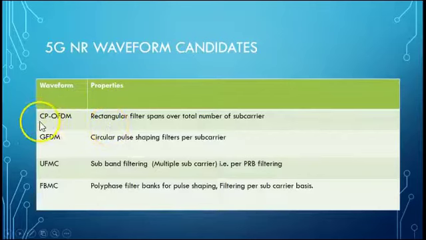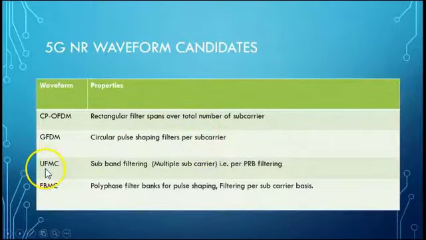In case of the CP based OFDM waveform, a rectangular filter is used, and that filter spans over the total number of subcarriers. In case of generalized frequency division multiplexing, a pulse shaping filter is used, and this filter is applied per subcarrier.